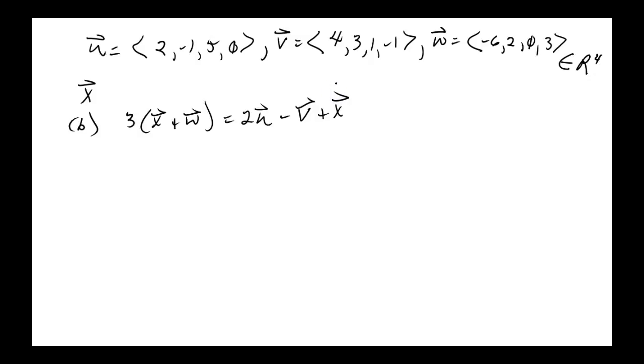Okay, now, how would you suggest we proceed with this one? We need to solve for x, so we need to simplify both sides. So that would be 3x plus 3w is equal to 2u minus v plus x. Now what?